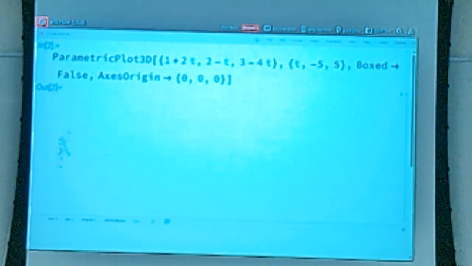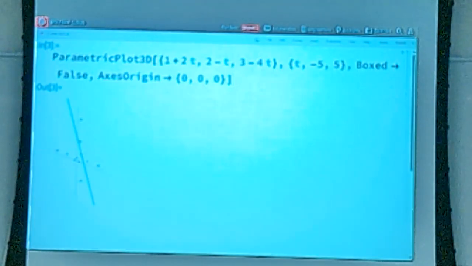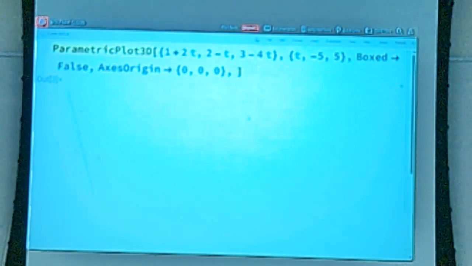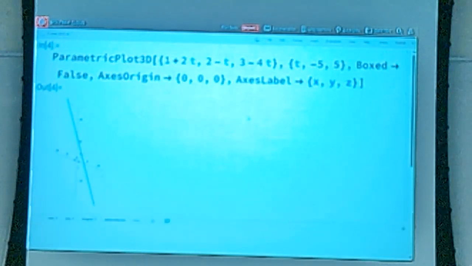Unless you know how Mathematica works, I re-execute this. Which one's X, which one's Y, which one's Z? Just right hand rule. Right, but there's three ways you do it. Just ask it to label it, to do the axis label.